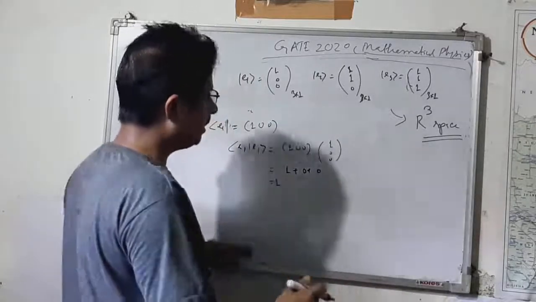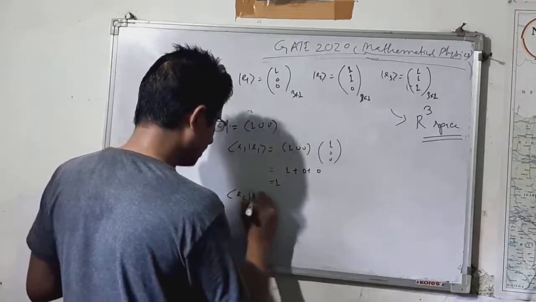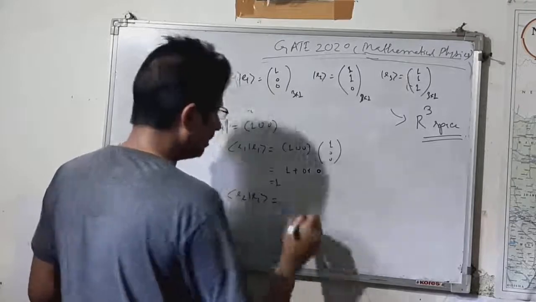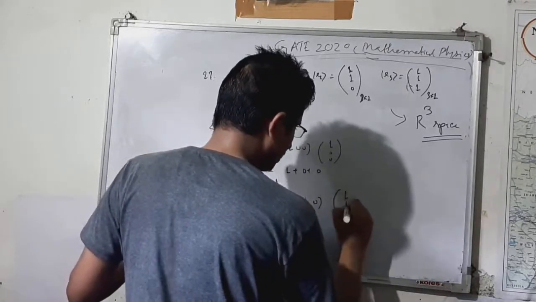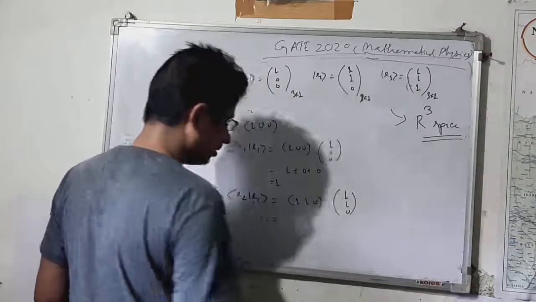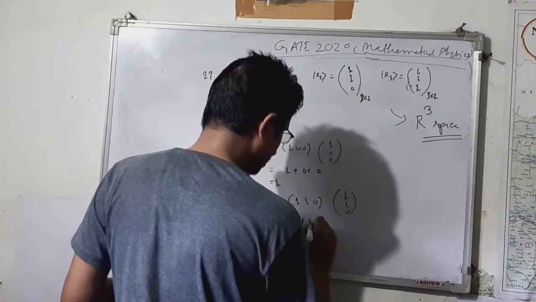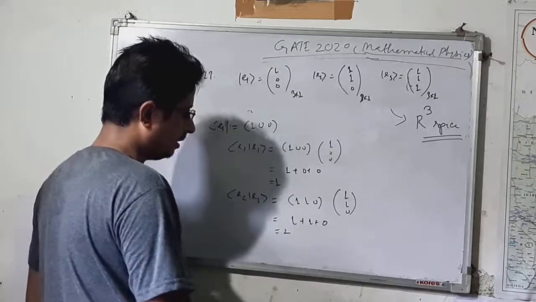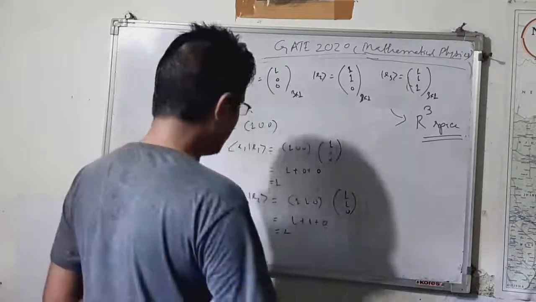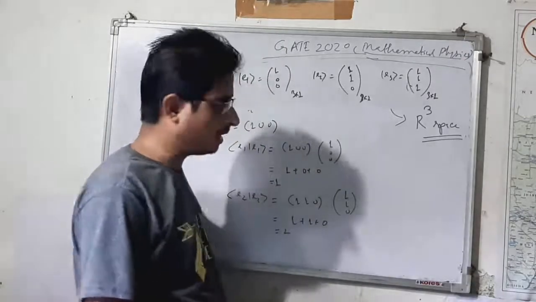Let's check for e2: 1, 1, 0 with 1, 1, 0. Here 1 into 1 plus 1 into 1 plus 0 is 2. So its norm is not 1, so obviously the option is incorrect.